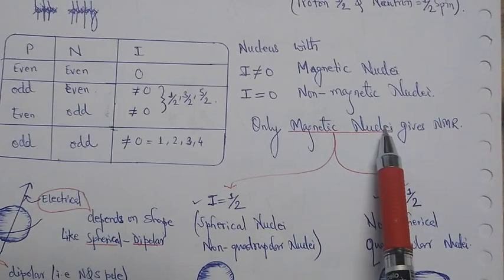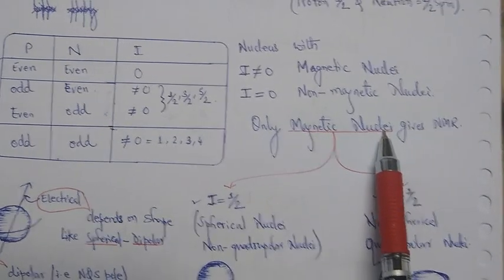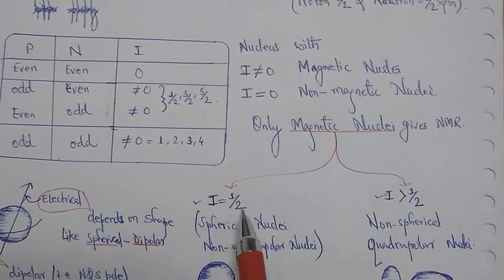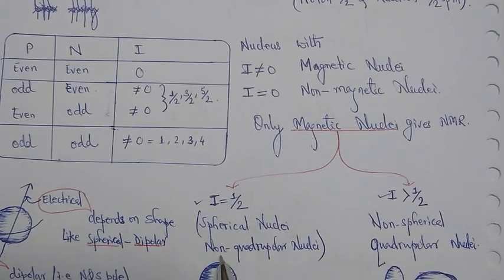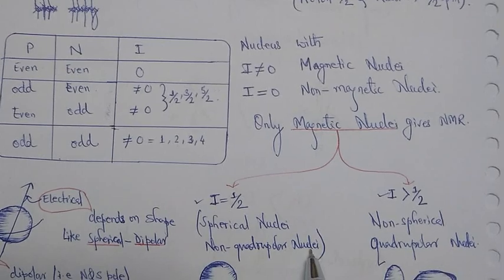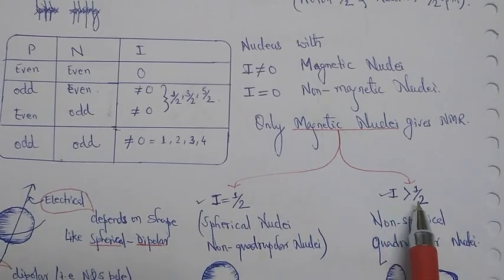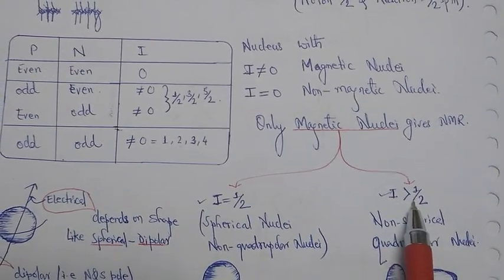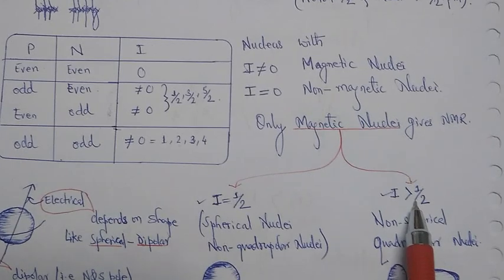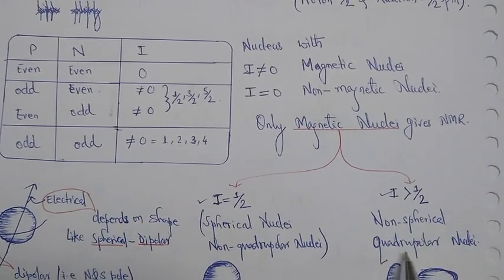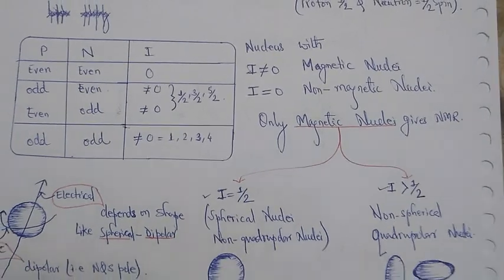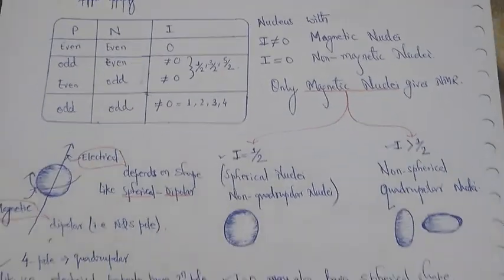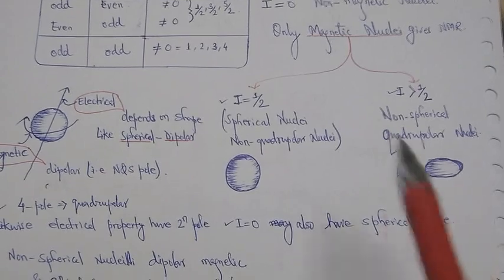When we consider magnetic nuclei, if I equals 1/2, then it is called spherical nuclei, or non-quadrupolar nuclei. And if I is greater than 1/2, like 3/2, 5/2, then it is non-spherical, or we can say it is a quadrupolar nucleus. See, the spherical nucleus looks like this.